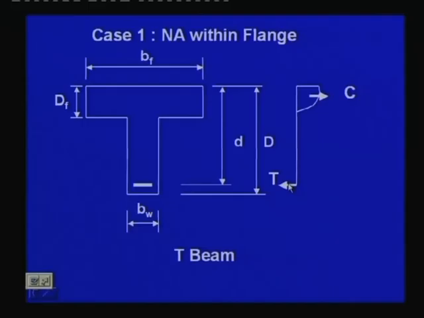Now let us come to three different cases. According to the stress block, this is case 1, where the neutral axis is within the flange. This is the neutral axis position, and the whole stress block is within the flange.